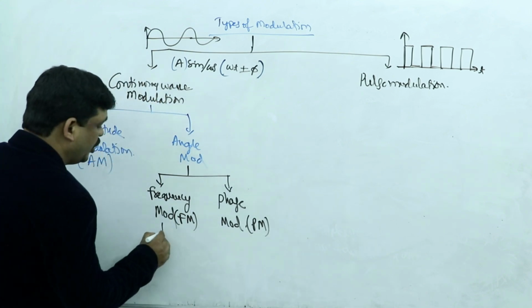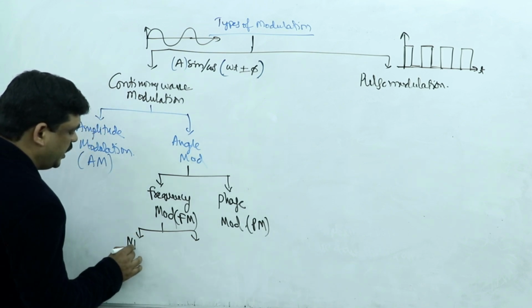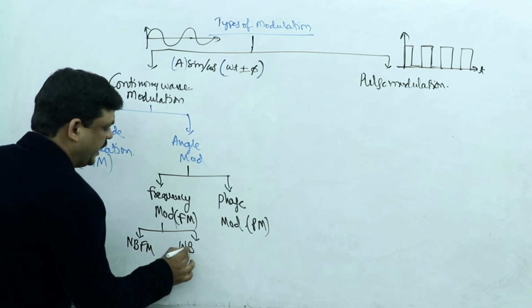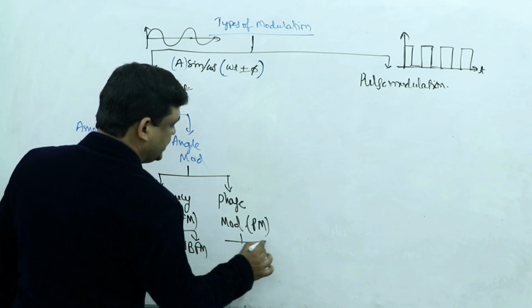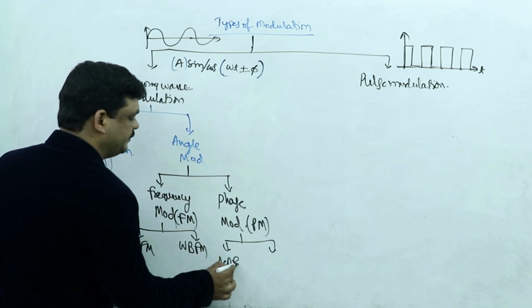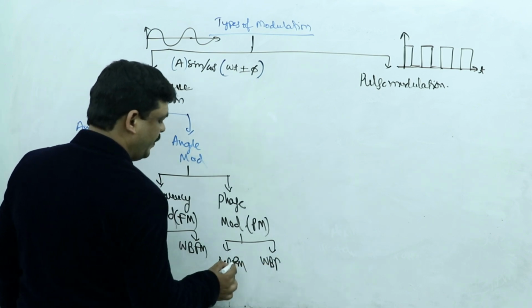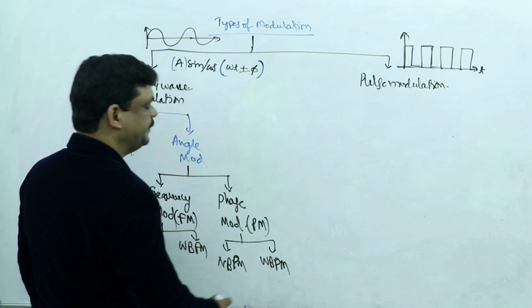Coming to the modulation index, this is classified into two types, narrow band FM and wide band FM. Similarly in phase modulation again two types are there, narrow band PM and wide band PM.